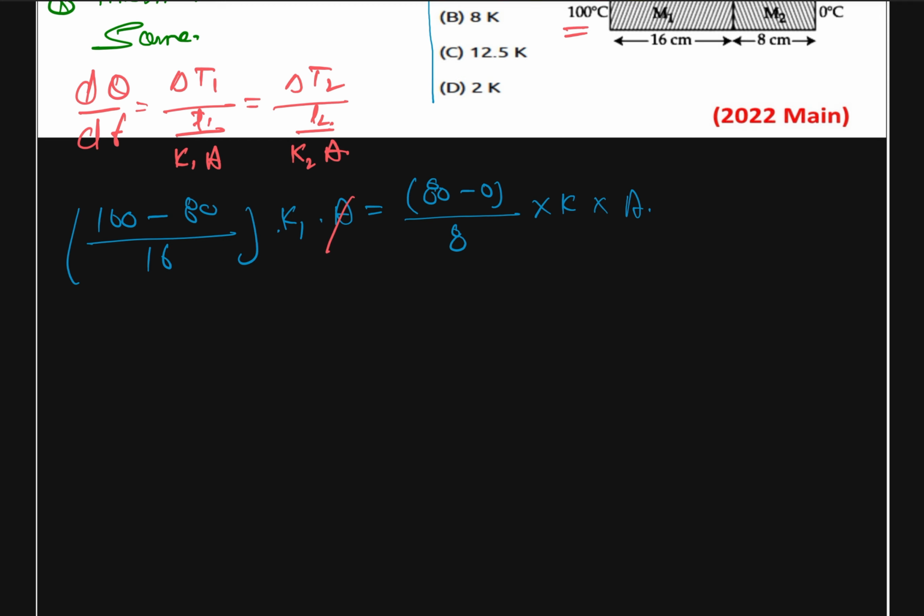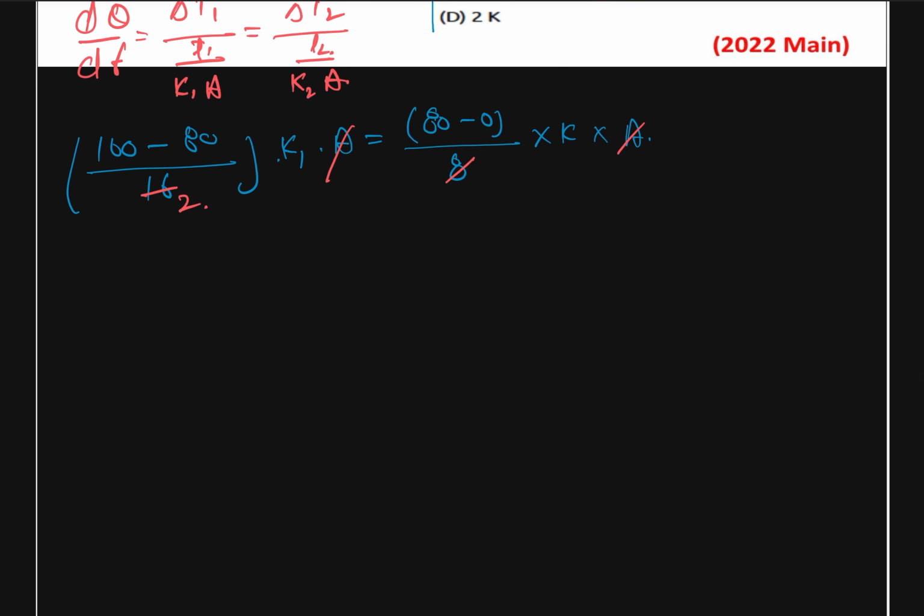So this area cancels out, and this 16 goes by 2, and we are left with 20 upon 2 times K1 is equal to 80 times K.